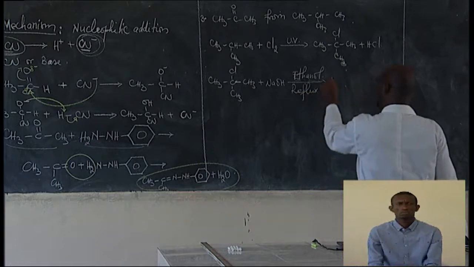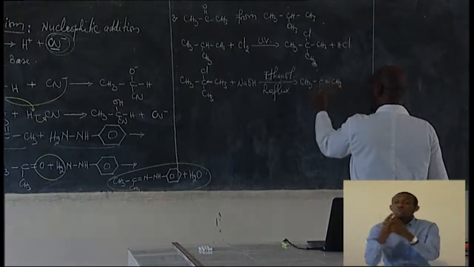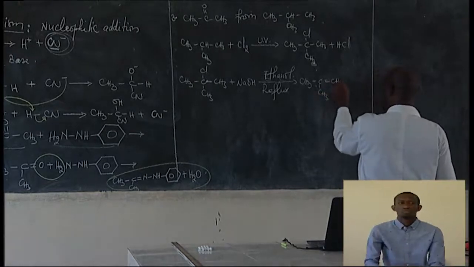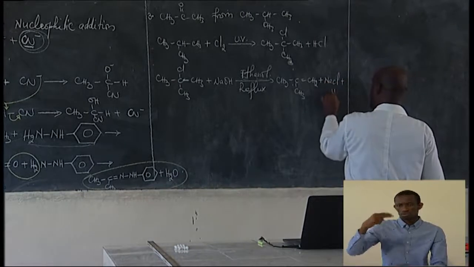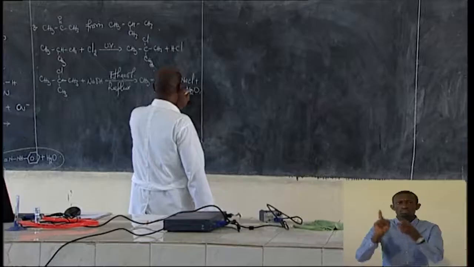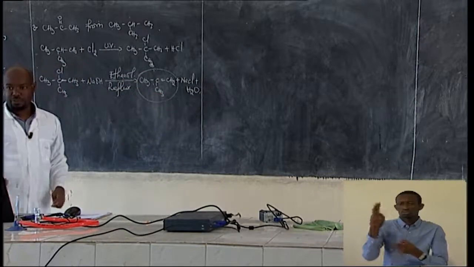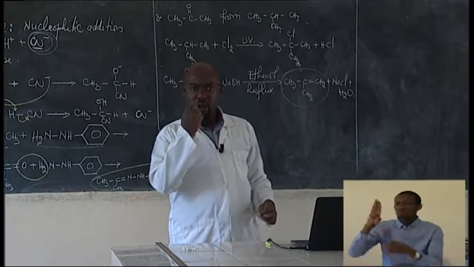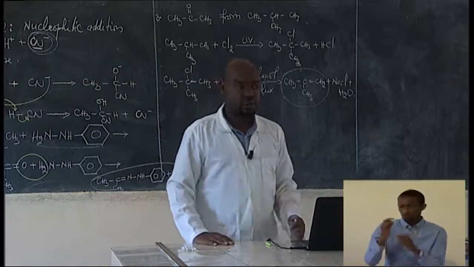After refluxing, what do we produce? We create a double bond. This is the double bond we produce, plus sodium chloride and H2O. We are almost done. We have the double bond, and we can get propanone if we ozonolyze that compound.